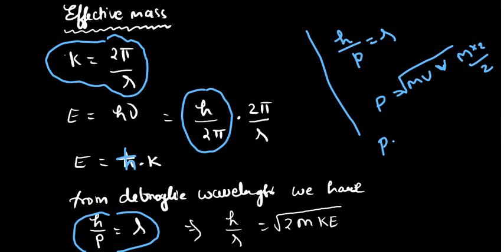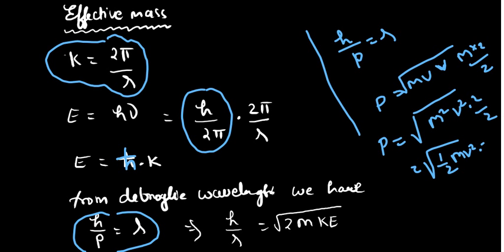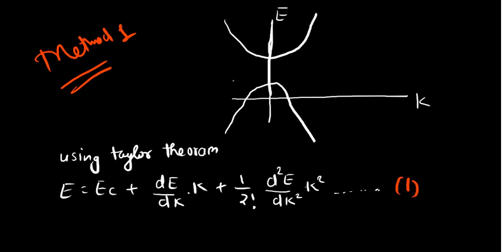It will become p is equal to root of m square v square into 2 by 2. Now m square v square into 1 by 2 is your energy, so you can write it as half mv square into 2. So p can be written as under root 2m into kinetic energy. So I have used this relation here. This is method one.